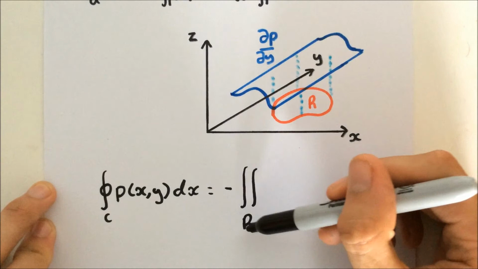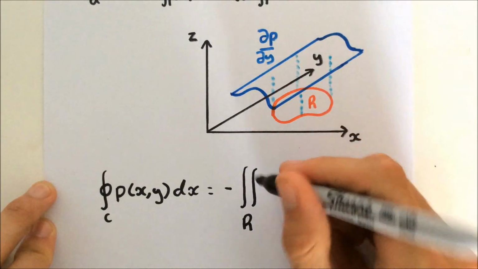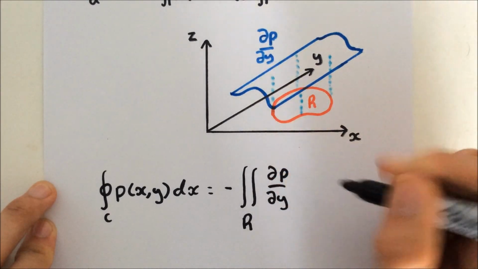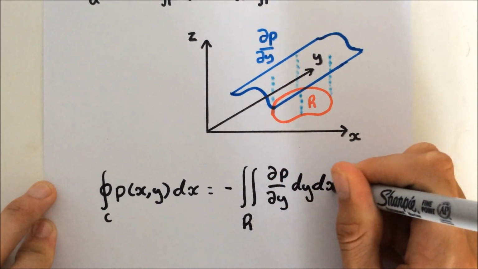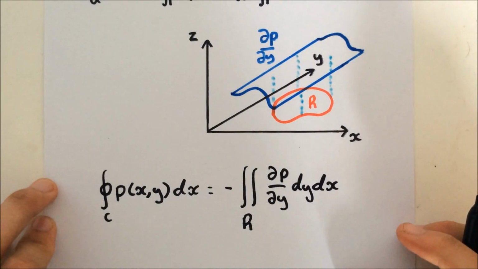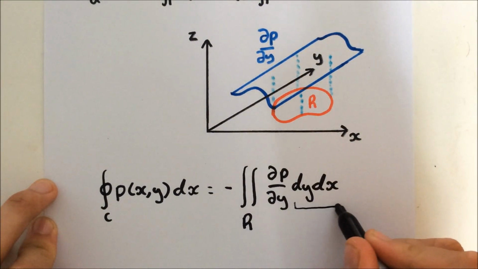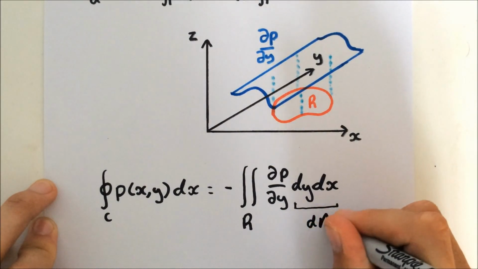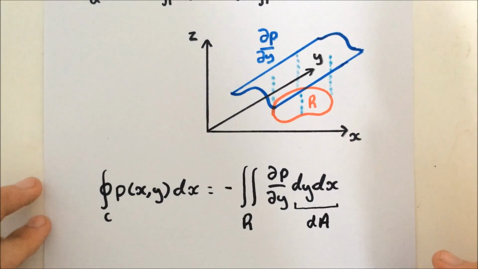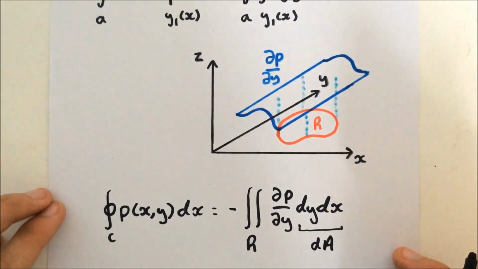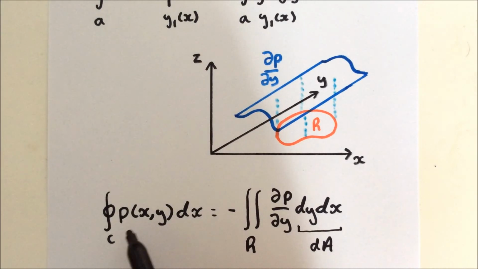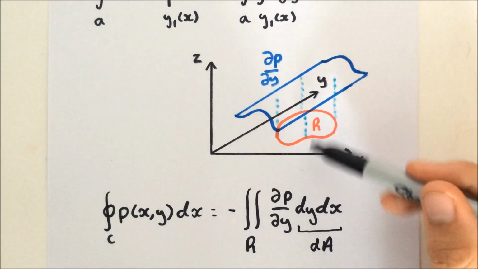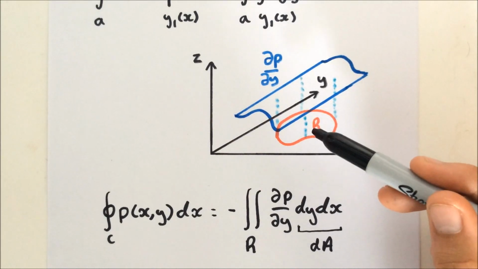We've replaced those integrals with R. Okay, and that's dp by dy, okay, dy dx. Alright, and also you can actually simplify dy dx, and of course y times x gives you an area, so that becomes dA. Alright, so we've actually linked the line integral of our vector field over some curve C with a volume integral under some surface with the same region.